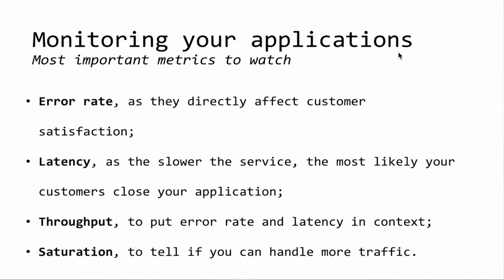The latency, studies show that the longer the response time of a given application is, the more likely your users will just go away. Throughput is really important because this is how you can put both the error rate and latency in context, and saturation just tells you if you can handle more traffic or not.